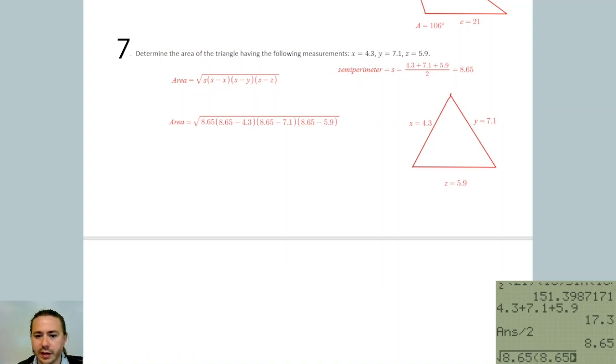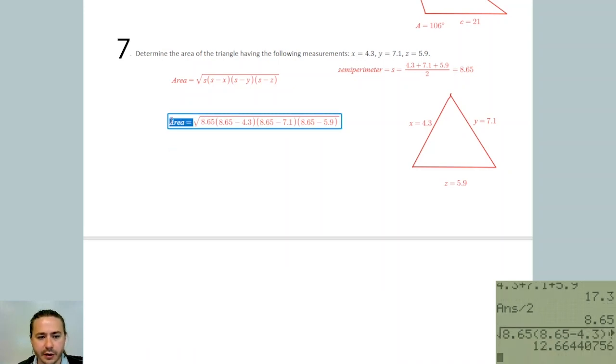There's 8.65 minus 4.3 times 8.65 minus 7.1 times 8.65 minus 5.9.